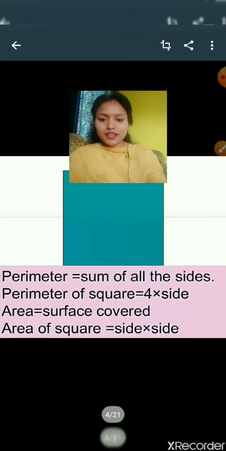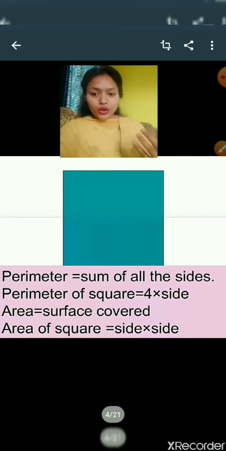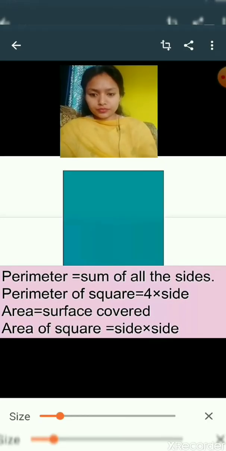Now, if I say you have to find the perimeter, what is perimeter? Perimeter means the sum of all the sides. Perimeter means boundary. So, in this figure, where is the boundary? This line is the boundary.